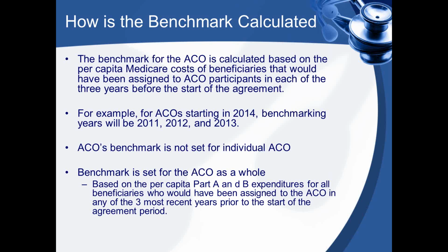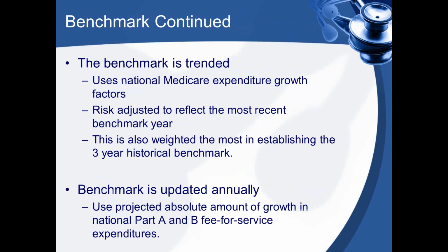So basically, they're going to set these benchmarks for all the patients assigned to us based on their previous 3 years of utilization and expenditures. Now, the benchmark is trended. It uses national Medicare expenditure growth factors. It's risk adjusted to reflect the most recent benchmark year. And this is weighted the most in establishing the 3-year historical benchmark.